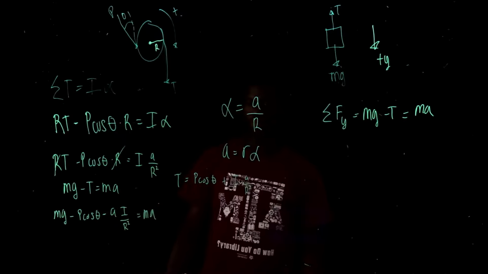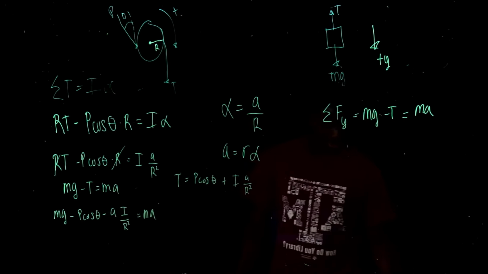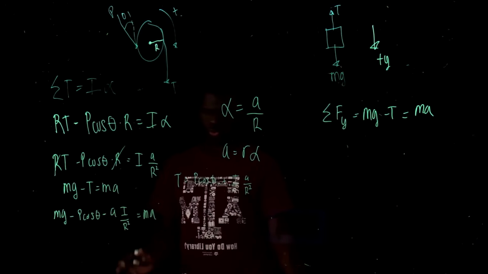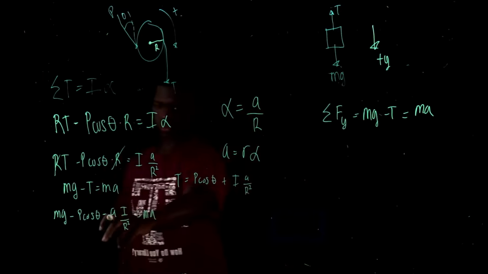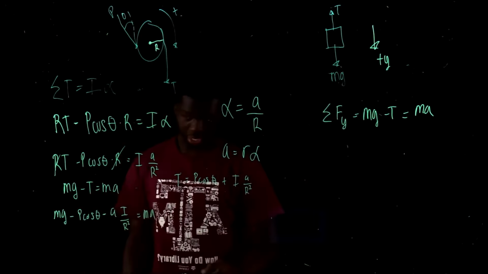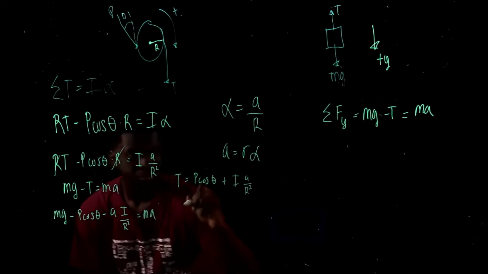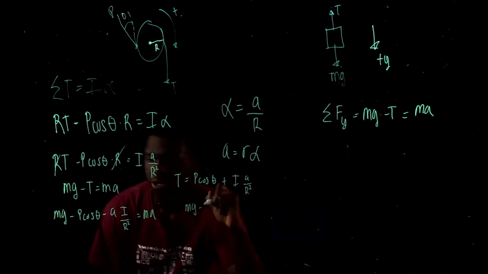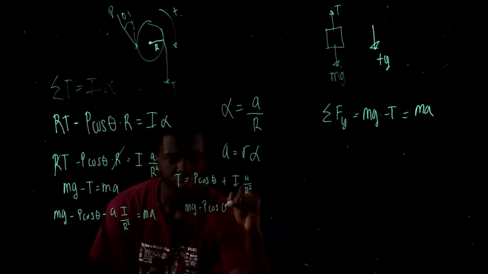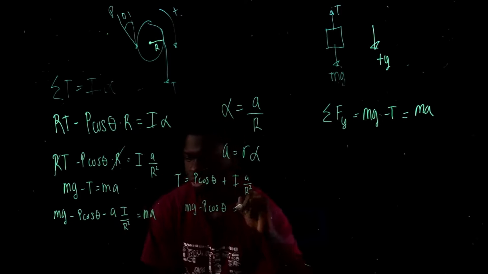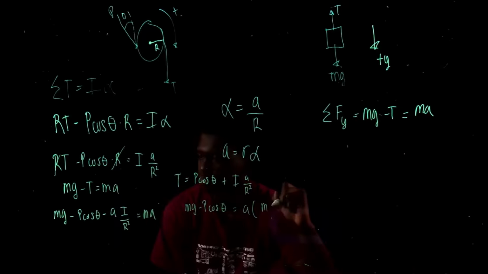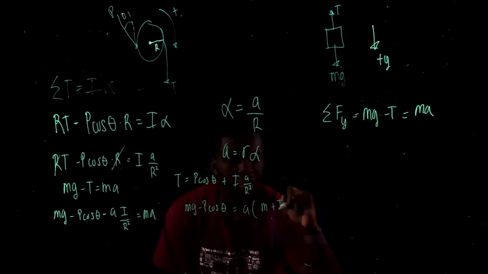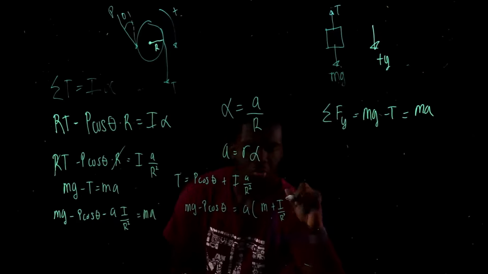MA. Okay, so next we're going to group the like terms. So we're going to move this to the right side, and this is going to be mg minus P cosine theta is equal to A, okay? And then we have M plus I over R squared.